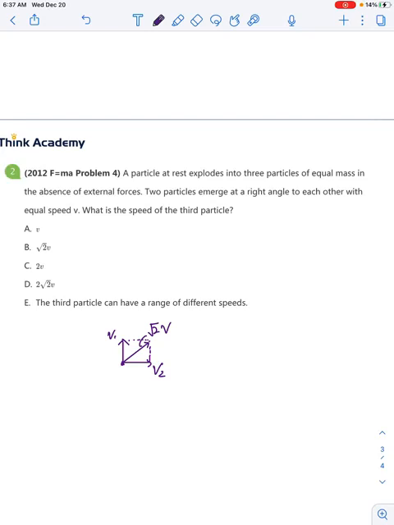The other one must balance this out, so it goes in this direction, and we can call it v3. So v3 has to go toward this direction with this magnitude to balance everything. You can think about this using force analysis, or you can also use momentum to understand this. Okay, so that is the second one.